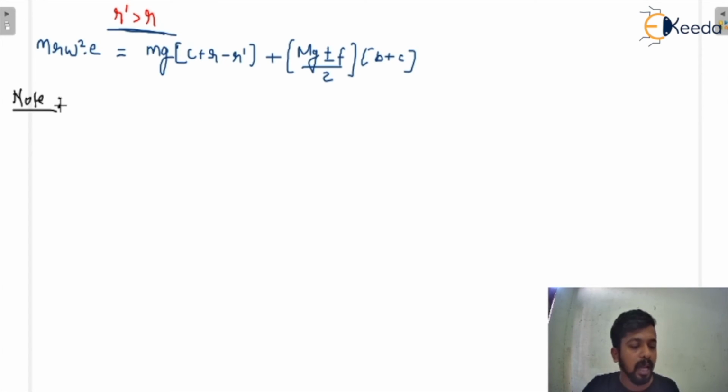Okay, now I'm just talking about the performance. What is basically the difference between the Powell and the Porter governor theoretically?